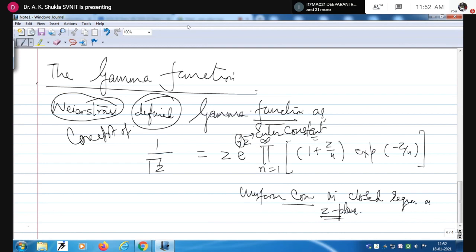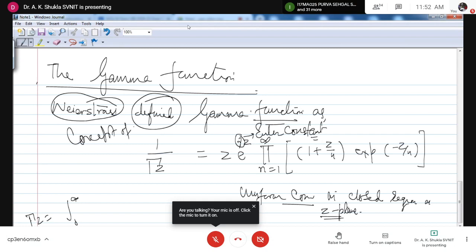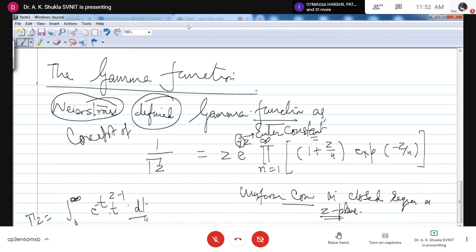That is, gamma z is given by the integral from 0 to infinity of e raised to power minus t and t raised to power z minus 1 dt. So here, the real part of z must be greater than 0.